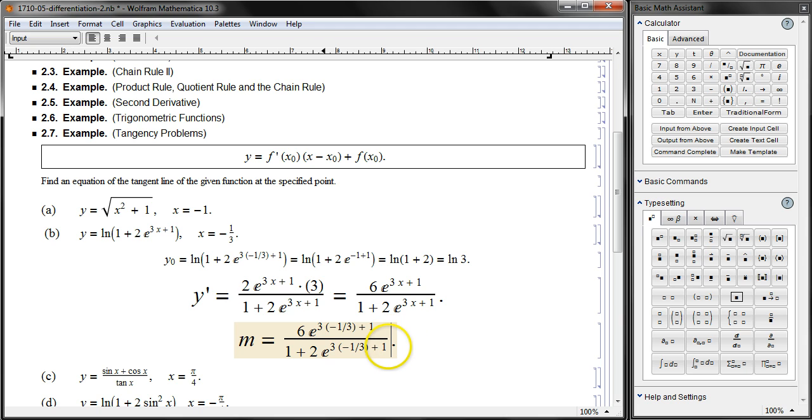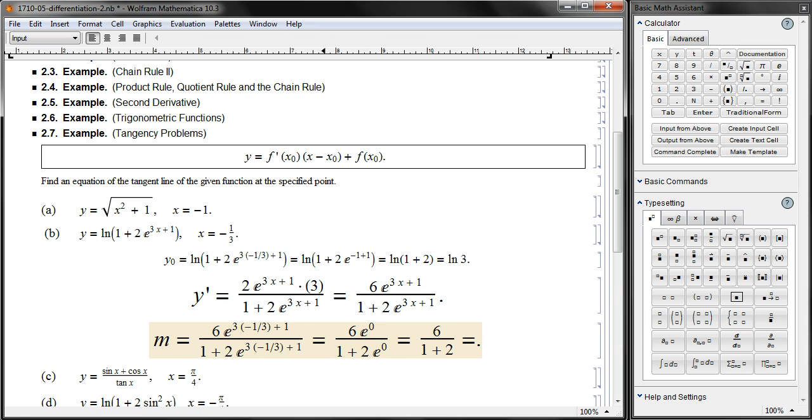What do you get as an exponential? 6 times e to the 0 power over 1 plus 2 e to the 0 power. E to the 0 power is 1, so you get 6 over 1 plus 2. Oh, 6 over 3. There goes my slope.